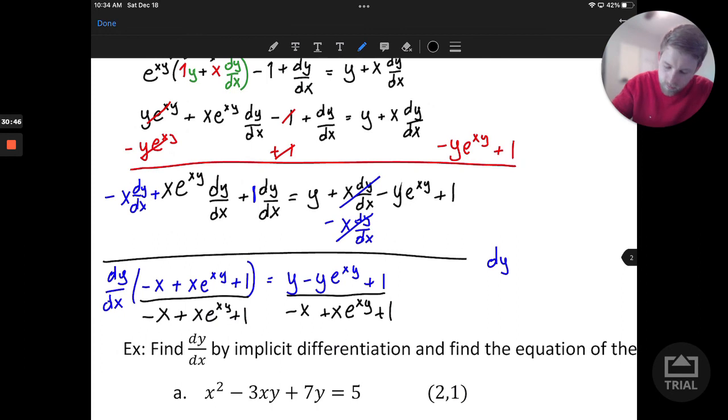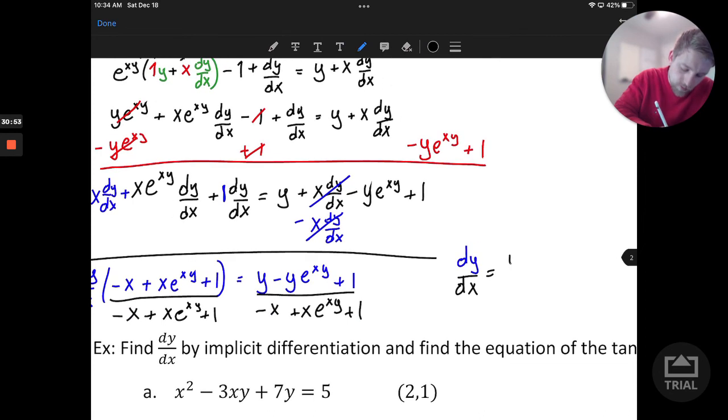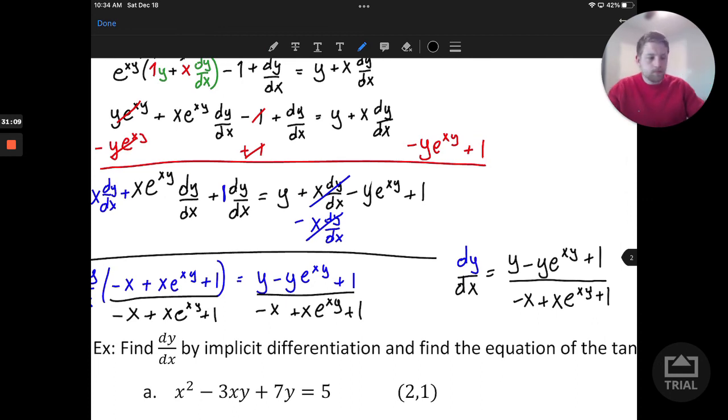So we'll end up getting dy/dx is equal to y minus y e raised to the xy plus 1, over negative x plus x e raised to the xy plus 1. And I think we can call that good. We'll have a function of both x and y for that derivative.